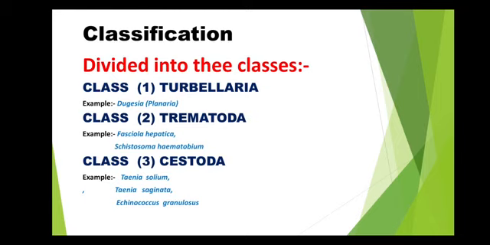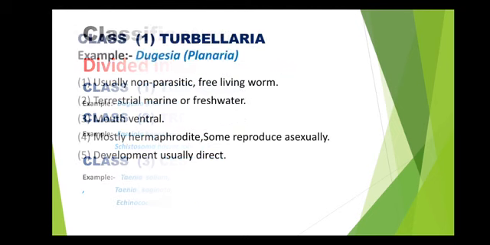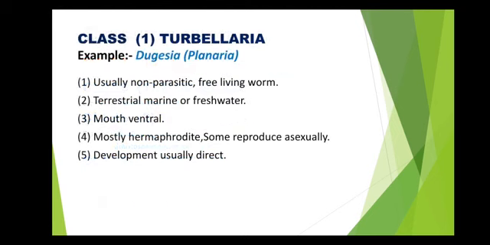Class second, Trematoda, example Fasciola hepatica or Schistosoma haematobium. Class third, Cestoda, example Taenia solium, Taenia saginata, Echinococcus granulosus. So first of all I discuss the class Turbellaria.